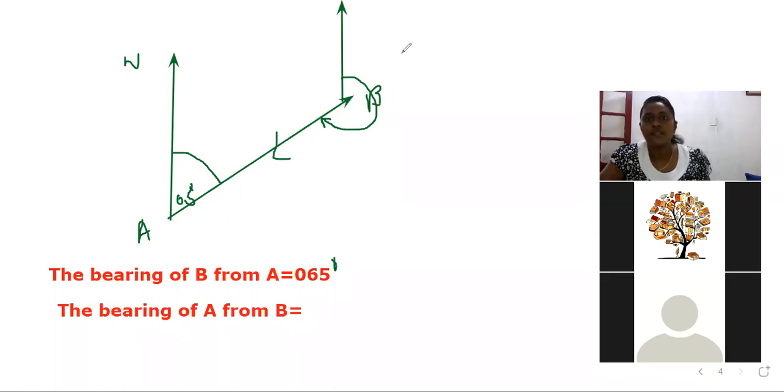Now, how to get this value? It is a question. You are not given any angle. This is the way of thinking. This is a semicircle or protractor or straight line. So this is 180. Then how do you get this value? Can anybody tell me how to get this value?